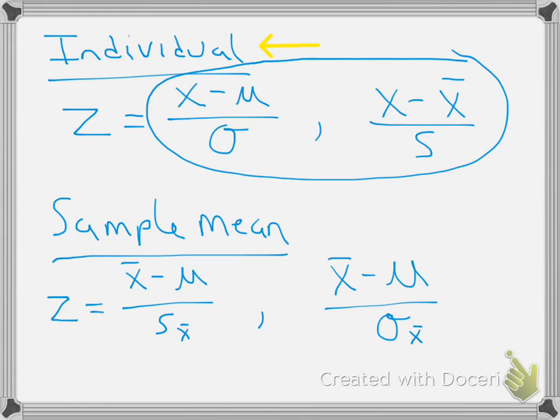So what this does is it says, how far away is my individual score from my mean in standard deviation units? And that's what the z-score tells you. So that can be pretty handy. You can get positive z-scores or negative z-scores.